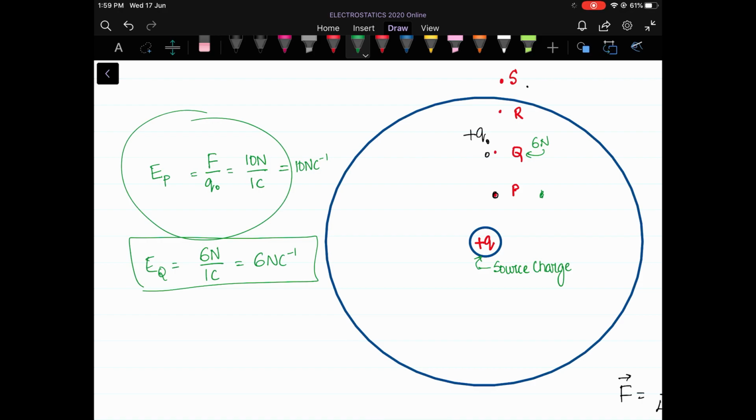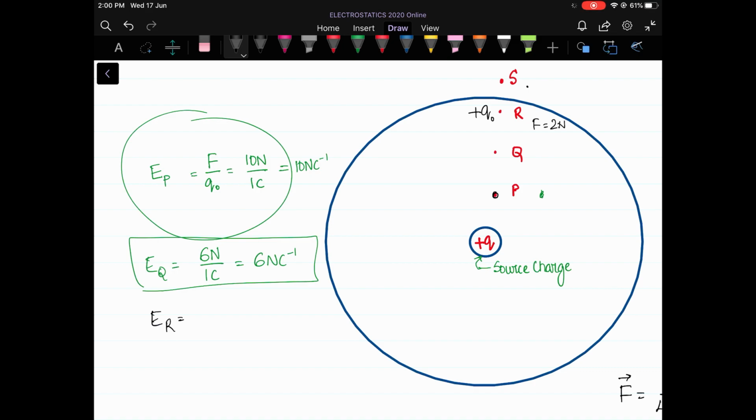And of course, when I take the test charge from point Q to R, what you expect is that the force between the test charge and the source charge will be much less, let's say a value of around 2 newtons.